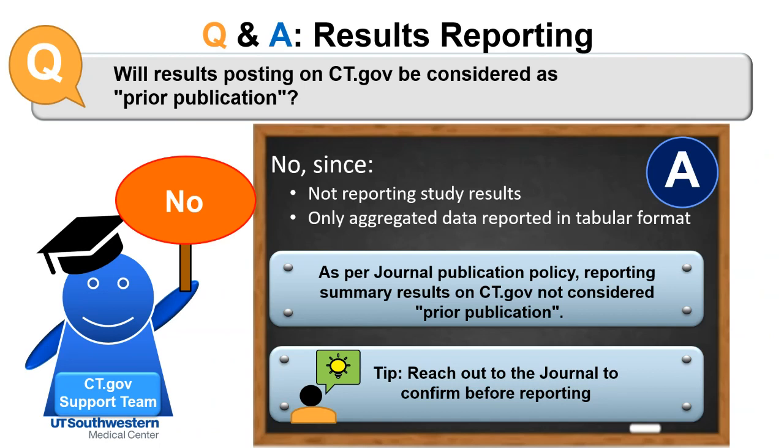And the journal publication policy has made it clear that it will not consider summary results data posted in tabular format required by ct.gov to be prior publication for the purposes of manuscript consideration. In order to confirm, you can also reach out to the journal before submitting your summary results to ct.gov.